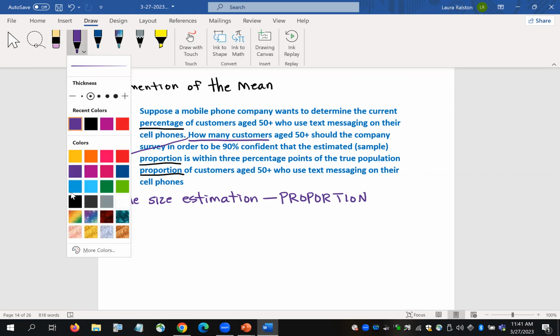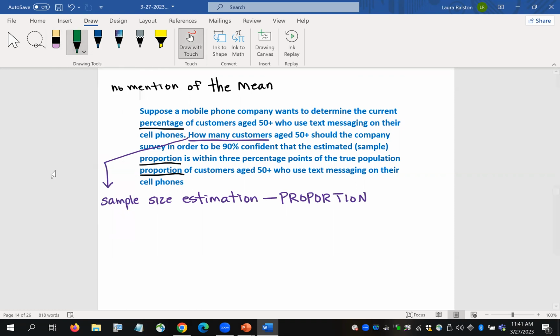So to do that, I need my critical value, which is going to come from the table, and it's based on the confidence level, which is 90%.